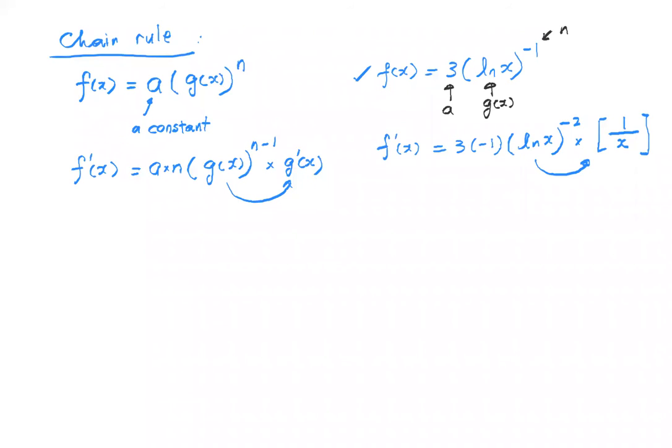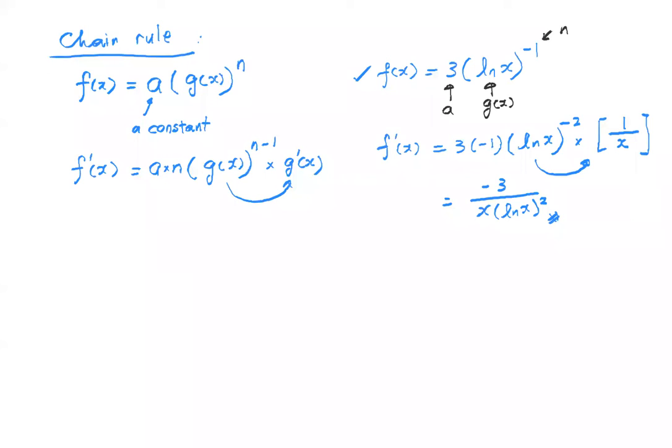So now we end up with -3 divided by x times ln x. That is your final answer. Oh, sorry. Thank you. It's a square. Okay? Chain rule.